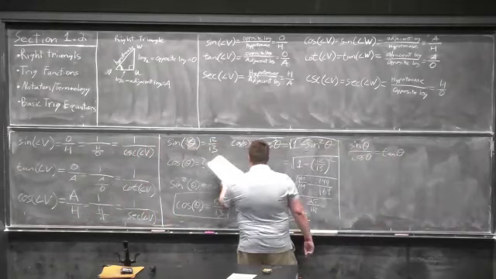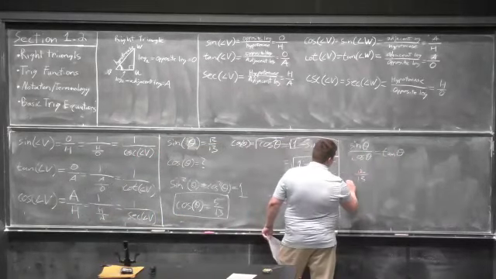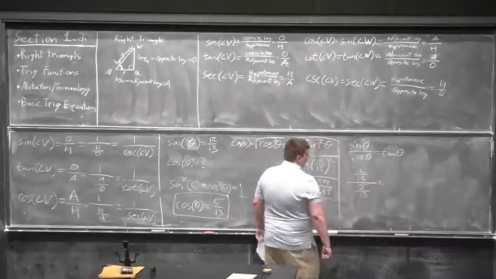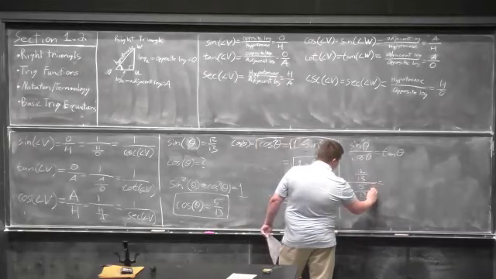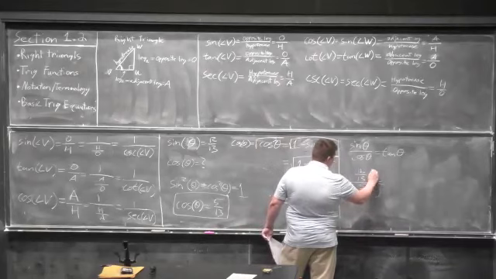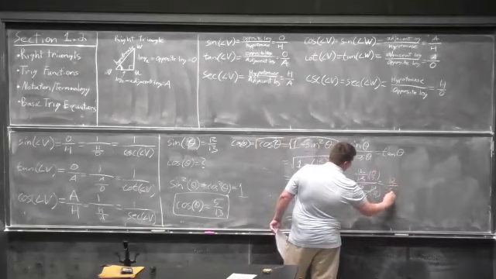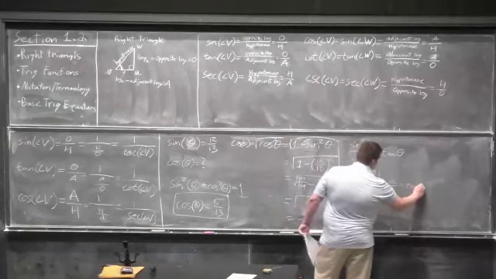So I put these two together, I have 12 over 13 divided by 5 over 13, and I'm going to multiply by the reciprocal, 13 over 5. The 13s cancel, and I get 12 fifths equals tangent of theta.